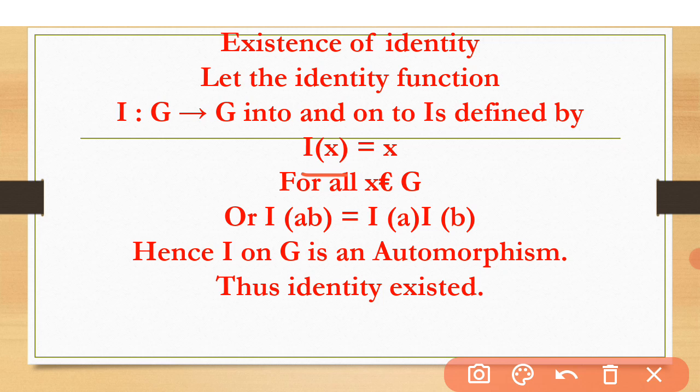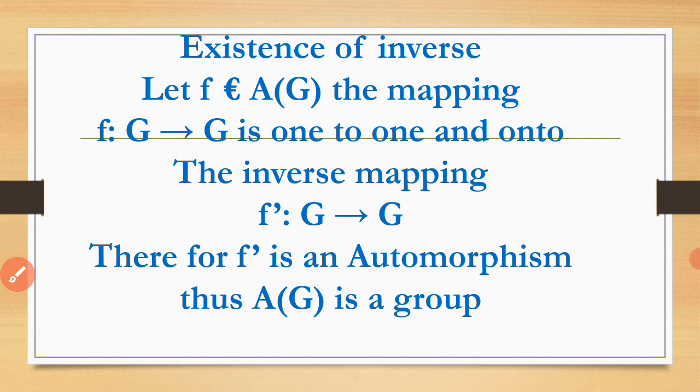So I(x) will be equal to x, it is one-to-one and onto, for all x belonging to G, or I(ab) will be equal to I(a) and I(b). This is a homomorphism. This is one-to-one and onto. Hence, I on G is an automorphism. Thus, the identity exists.